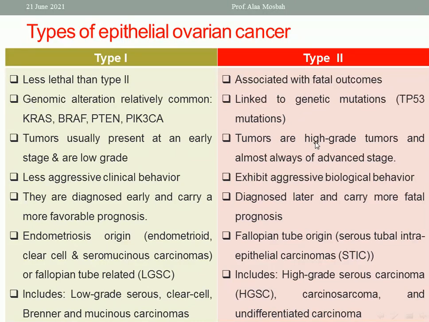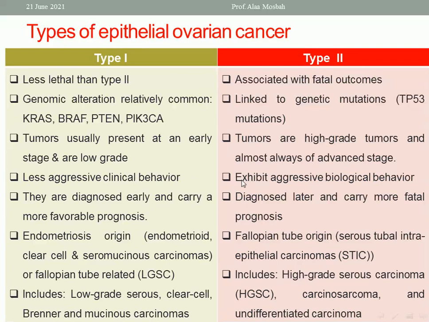Type 2 is more aggressive, discovered late, occurs in advanced age, and is first diagnosed in an advanced stage. So it is more dangerous than type 1.